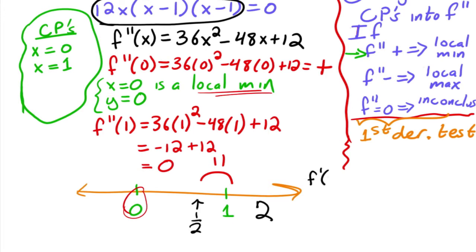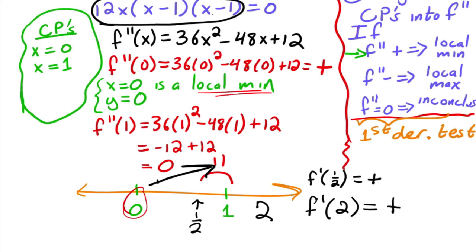Hopefully you remember how to do this. If you plug in 1/2 into this one, you're going to get a positive number. So that means that here it's increasing. And if you plug in 2, you're going to get another positive number, which means it's also increasing.